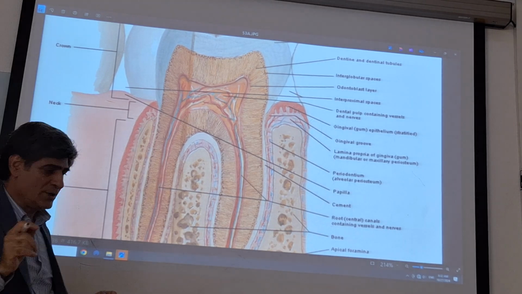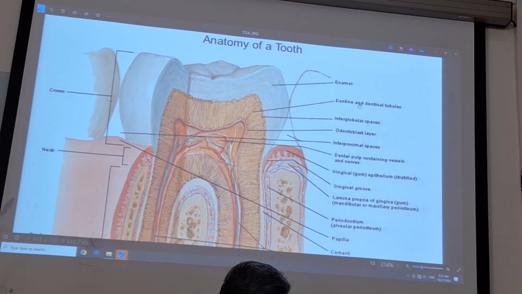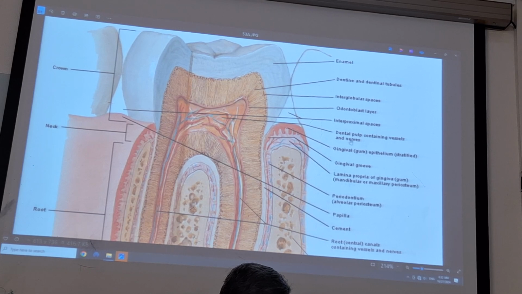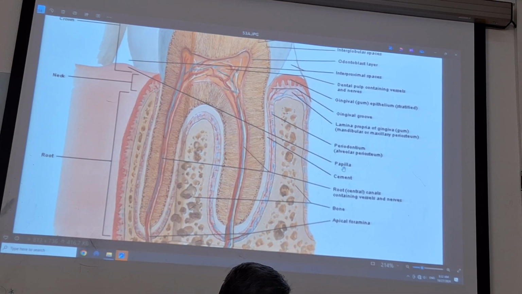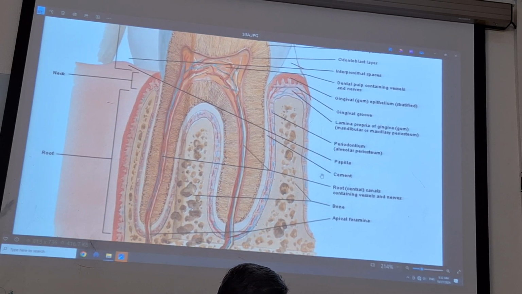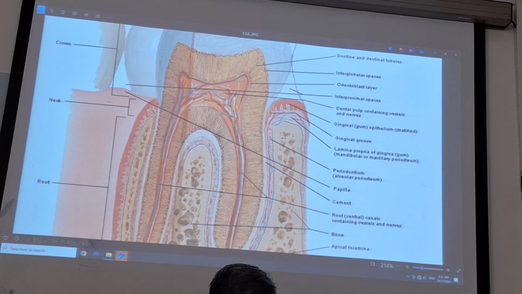Attachments of the gingiva at the neck, crown, root, and this enamel, dentin, pulp cavity, this part root canal, and apical foramen, cementum, periodontal ligaments, and gingival groove.